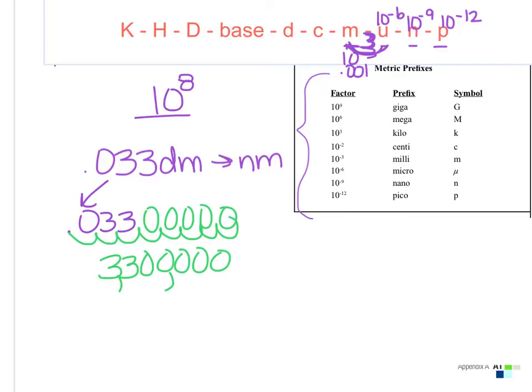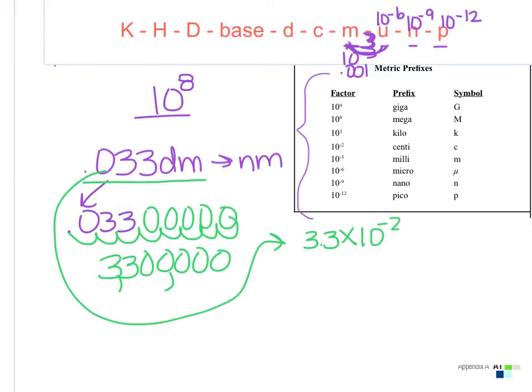The other thing we can do is change this into scientific notation before we make the move. In other words, 0.033 decimeters is actually 3.3 times 10 to the negative 2 decimeters. Now, we just said that we would be moving our decimal 10 to the 8th.